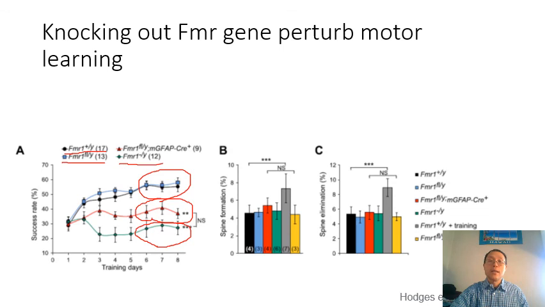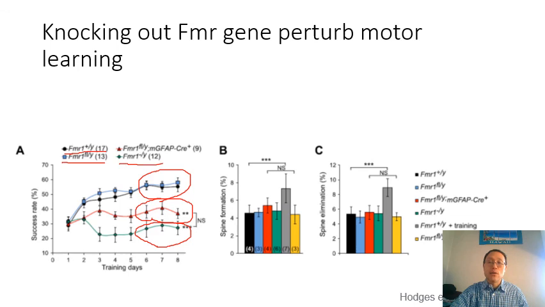Okay, and now in B, do you remember that in the previous slides dendritic spines grew out as a result of motor learning? They also wanted to check whether this is true, so they were looking at the dendritic spine formation rate due to the improvement of the reaching task. The spine formation rate is not that much in all of these conditions.